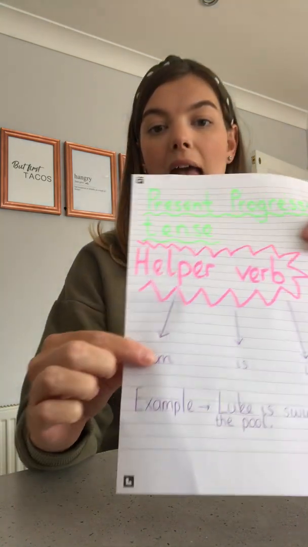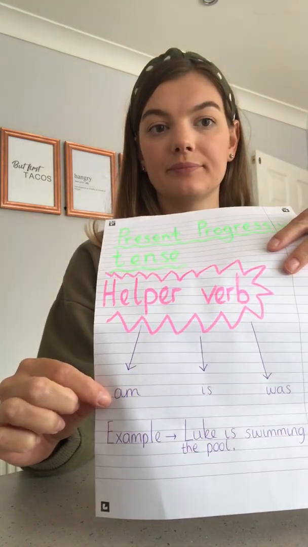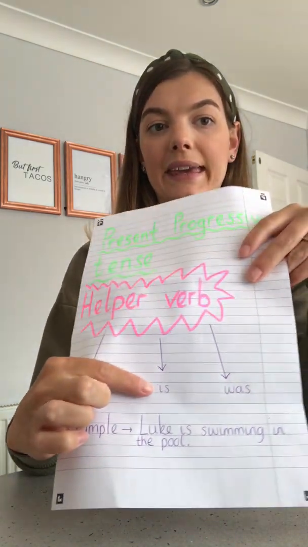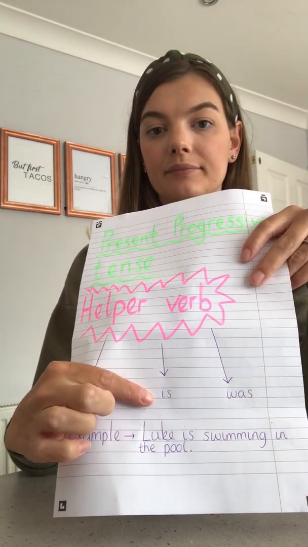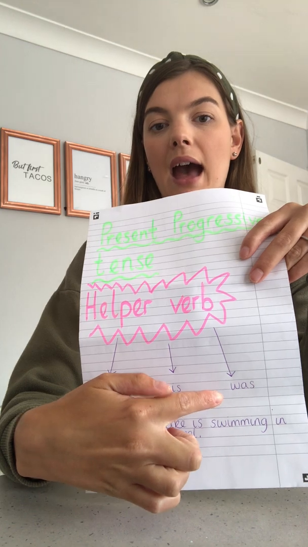Now, when we're using the present progressive tense, there are 3 helper verbs that we can use. So if I was you, I would write these down as I am saying them. The helper verbs that we can use are am, is, and was.